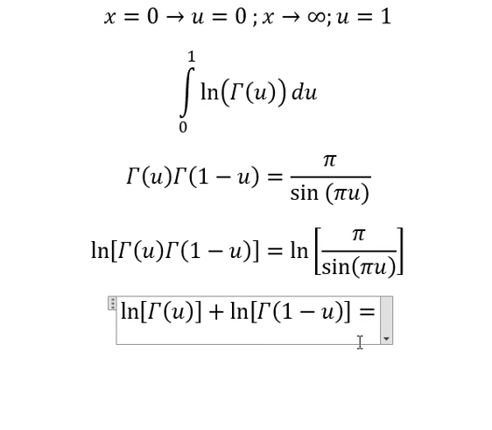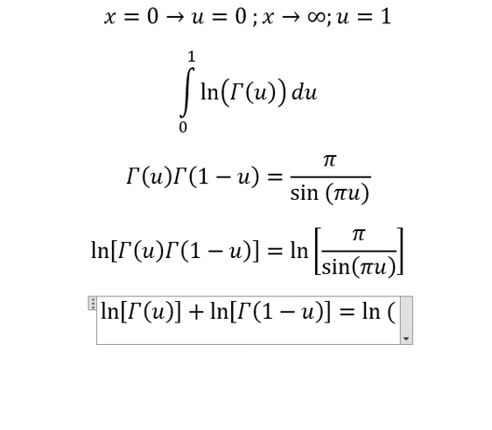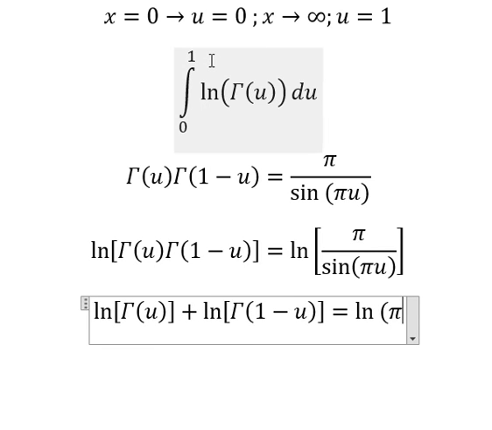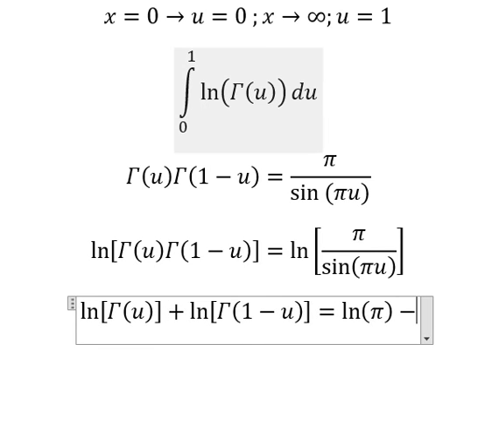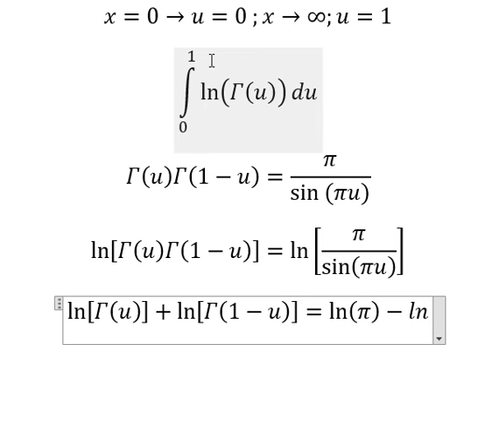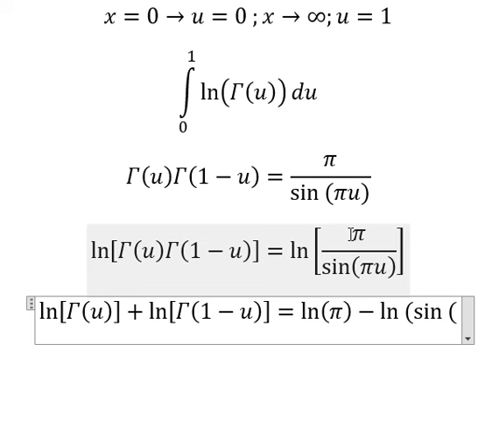This one you get ln of b, and the next one you get negative ln of sine of bu.